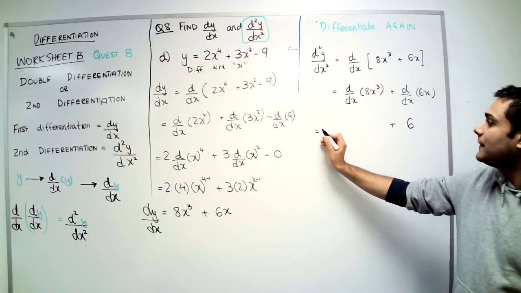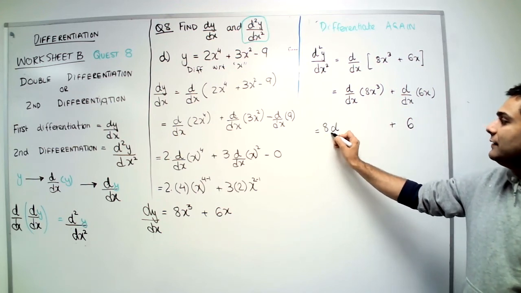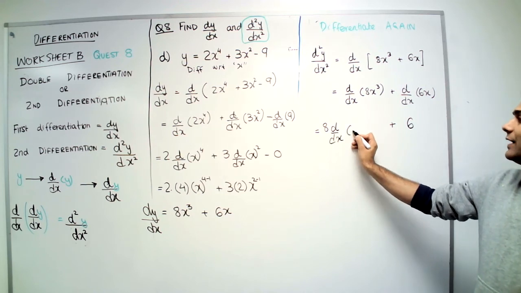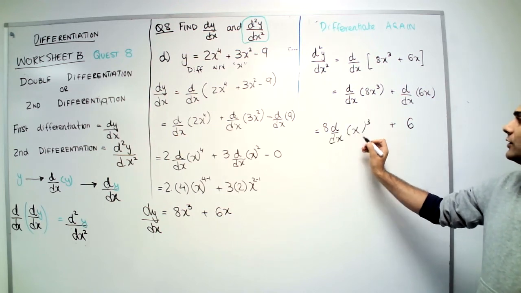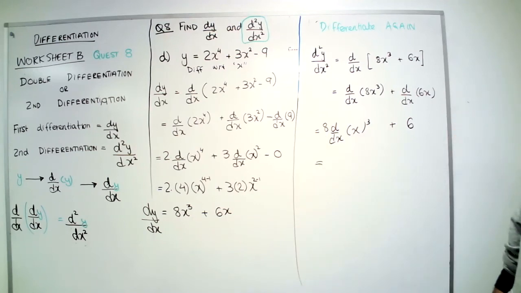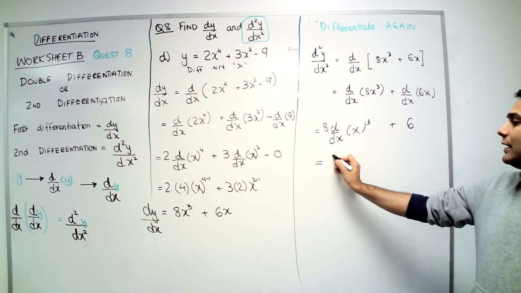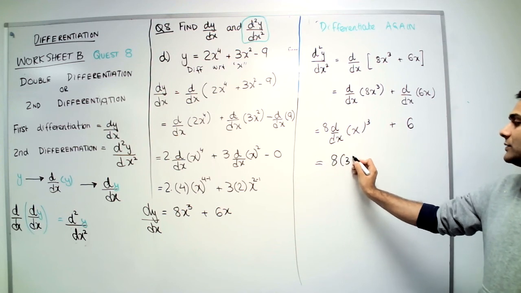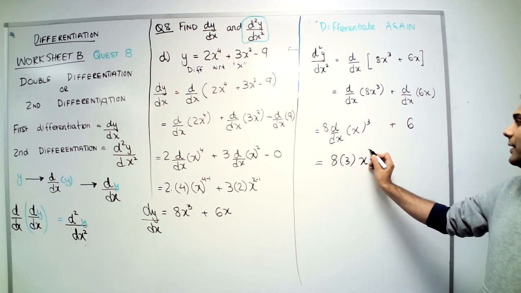Now for that part, the 8 comes out, and d over dx of x cubed. To do that one, 8 is there, the power comes out, reduce the power by 1.